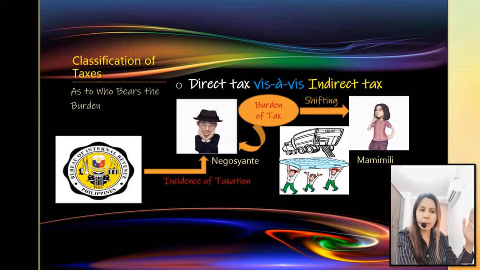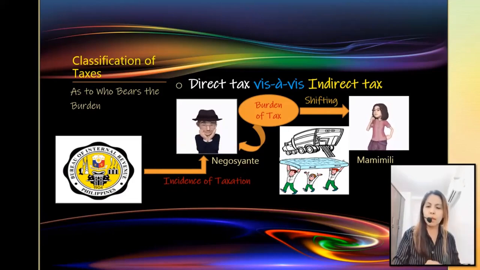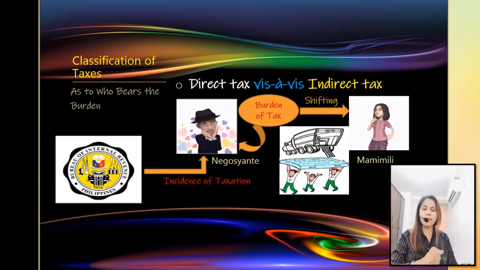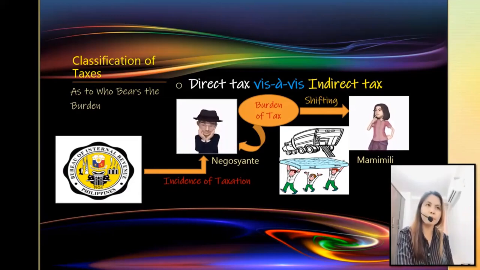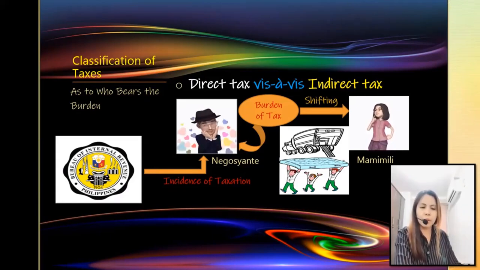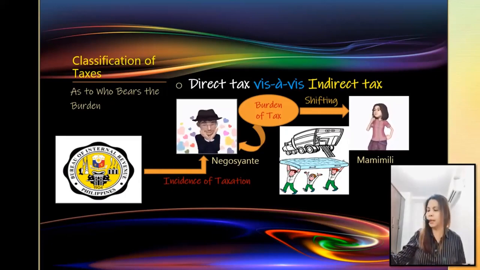But as to implication or effect to the taxpayer, it may happen that we have some sort of regressive, and that is somewhat contradictory to the progressive system of taxation. And that is regressive system. Now, say that we have a minimum wage earner, and then he is purchasing goods like Jollibee, subject to value-added tax.